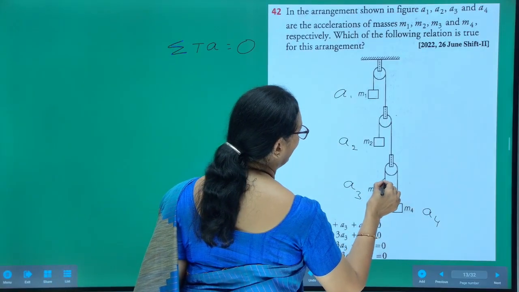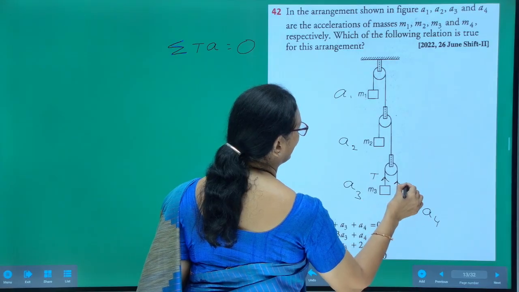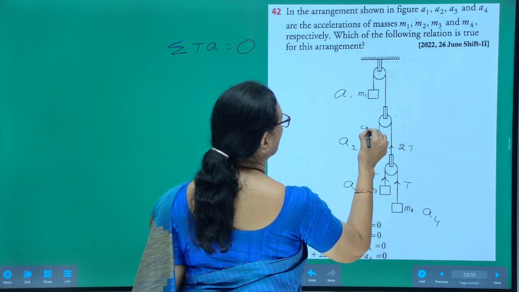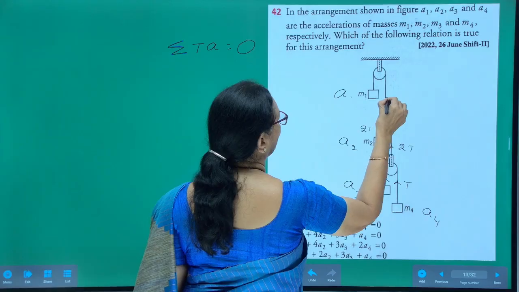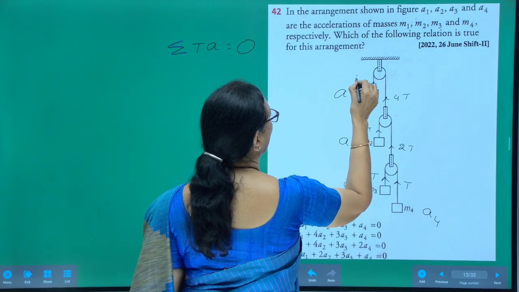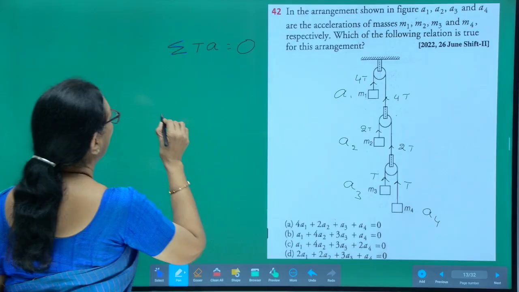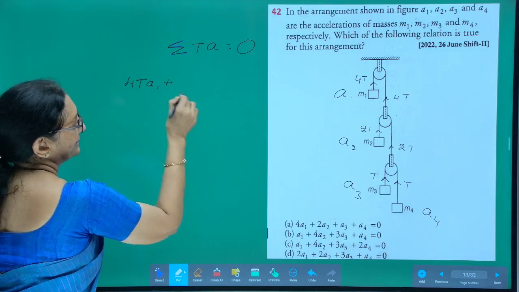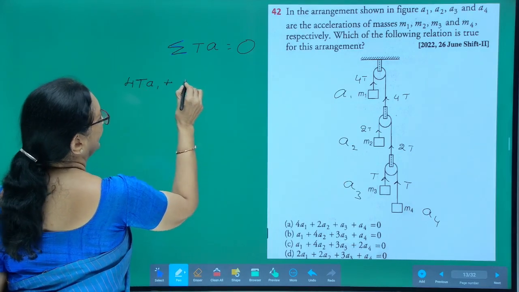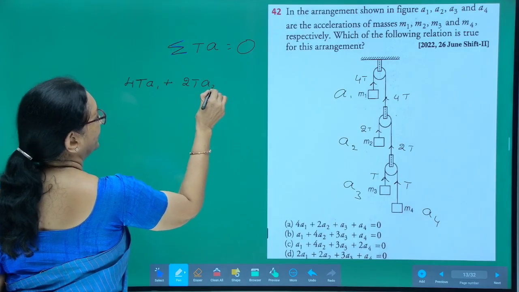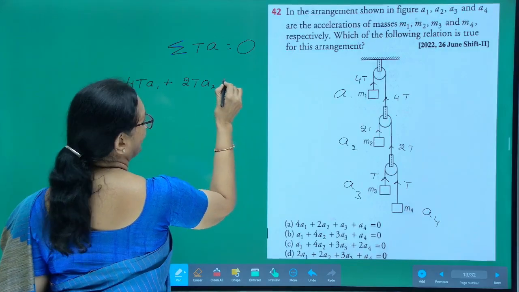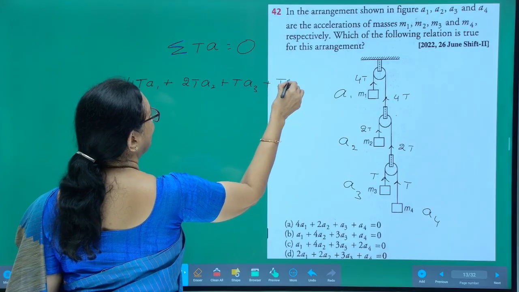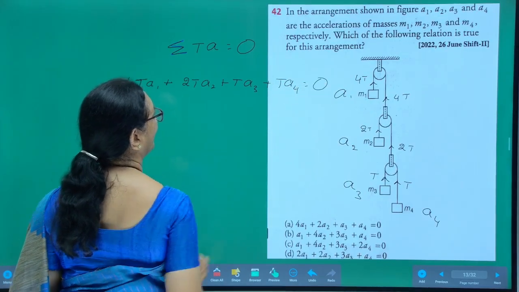Suppose here, if this is tension T, this becomes 2T, this becomes 2T, 2T plus 2T, this becomes 4T, this becomes 4T. So, from that, 4T A1 plus 2T A2 plus T A3 plus T A4 is equal to 0.